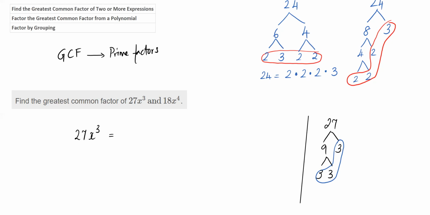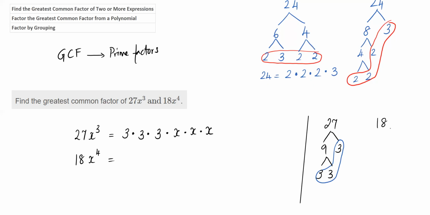What about x cubed? X cubed can be split up as x times x times x. So I'm going to write this as 3 times 3 times 3 times x times x times x. We do not want any powers, because that's how you know you have simplified them and written them out as factors.